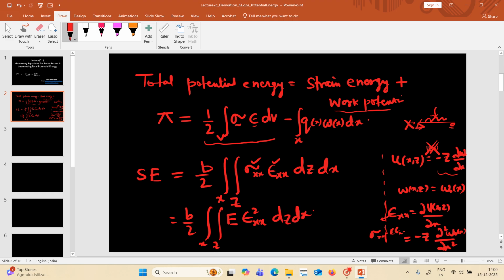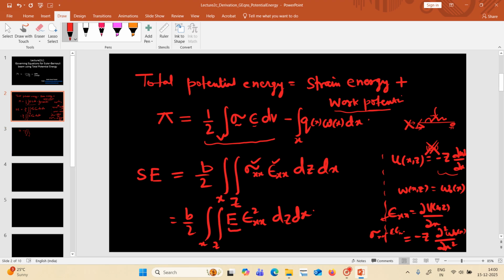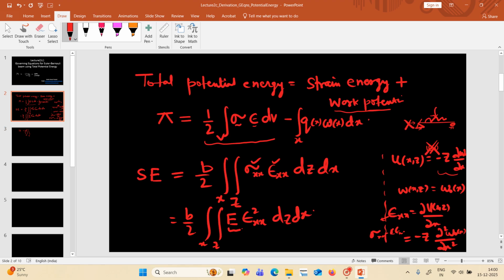Okay, now in the next slide, let's see. The integral over z is from minus h by 2 to h by 2, and b by 2 is outside. E is also there, which is a constant Young's modulus, so we will keep it out. So we have b, E, and then epsilon xx square dz dx.